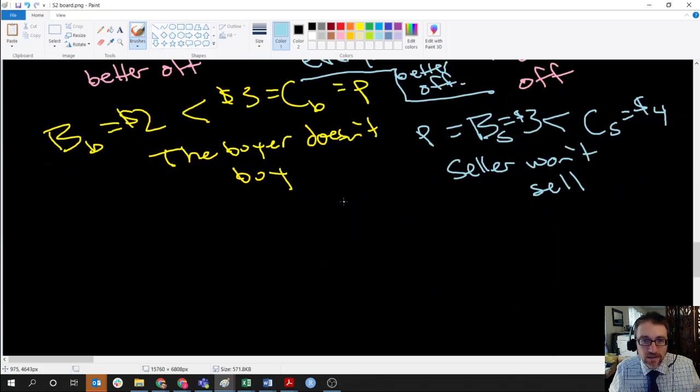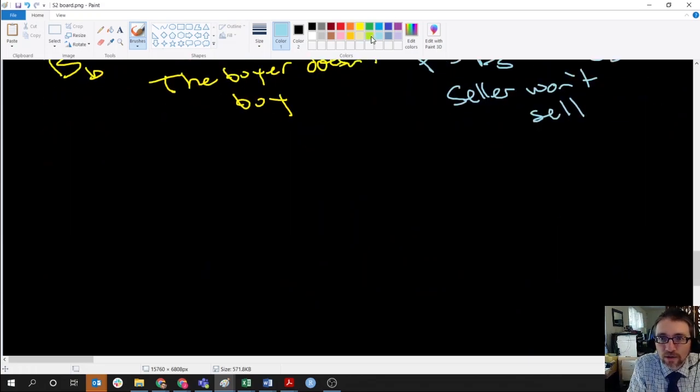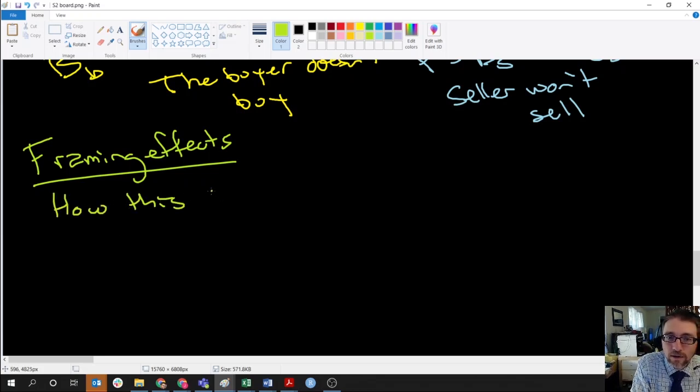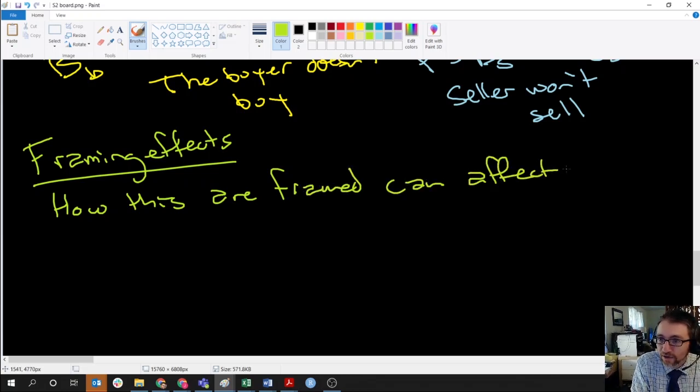All right, the last thing that I want to mention is framing effects. Sellers sometimes will try to take advantage, right? Or will frame things in particular ways. How things are framed can affect our behavior. But it shouldn't.